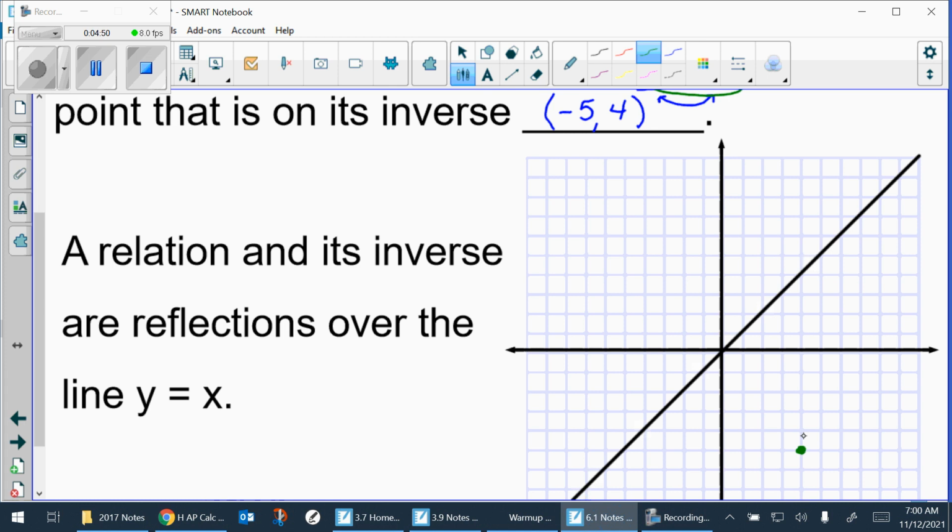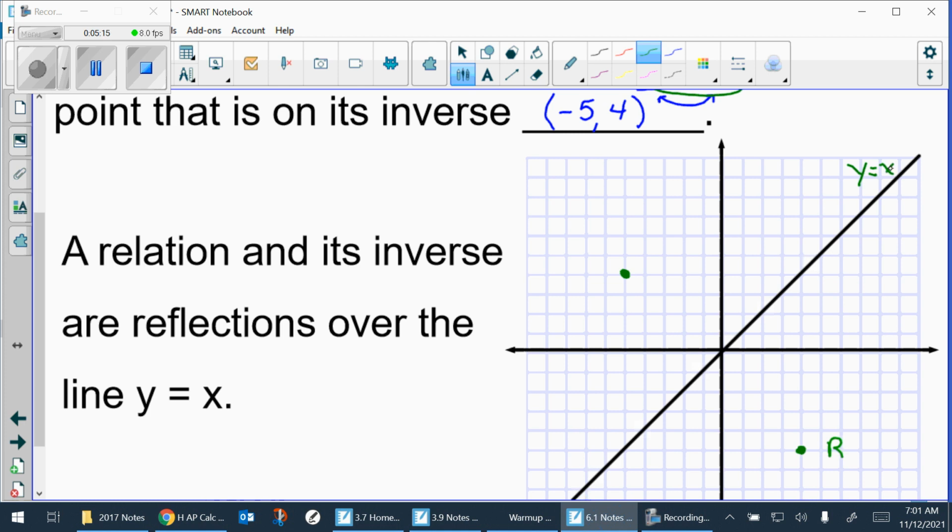Now let's graph its inverse. So this one was on some relationship, some ordered pairs. If we graph the inverse, that would be negative 5, 1, 2, 3, 4, 5, and 4. And this is the line right here, y equals x.